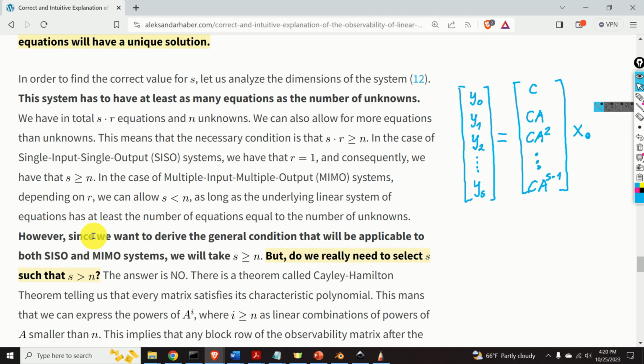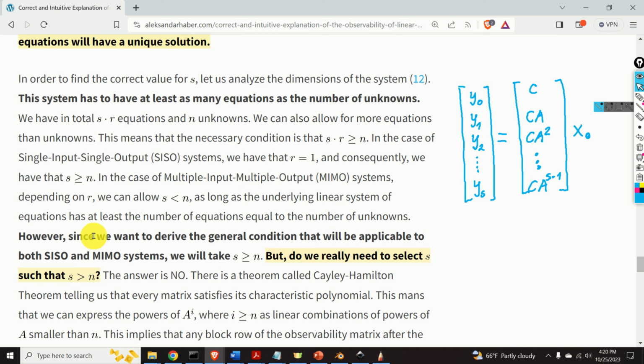However, since we want to derive the general condition that will be applicable to both single input, single output and multiple input, multiple output systems, we have to take s greater than or equal to n. But do we really need to select s larger than n? The answer is no. There is a theorem called the Cayley-Hamilton theorem telling us that every matrix satisfies its characteristic polynomial.